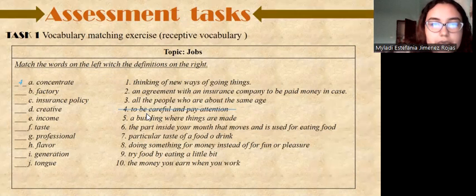For this assessment, the students will have vocabulary related to the topic previously learned and they must find the correct relationships between vocabulary and meaning. They write the correct number. For example, as we see in this box.